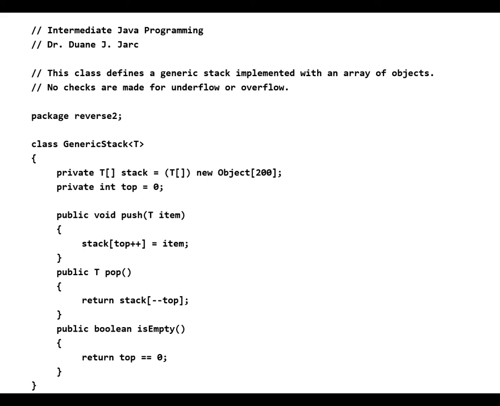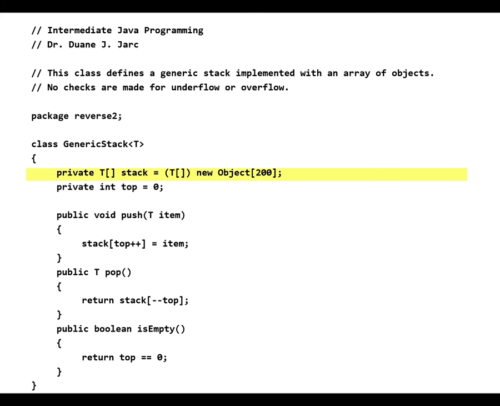Next, we examine a revised version of the stack class we examined previously, but this time it will be written using the generic syntax that we just introduced. Here is the class header that includes the generic type parameter T, which is enclosed in corner brackets. In the previous version, the type of the array stack was Object.